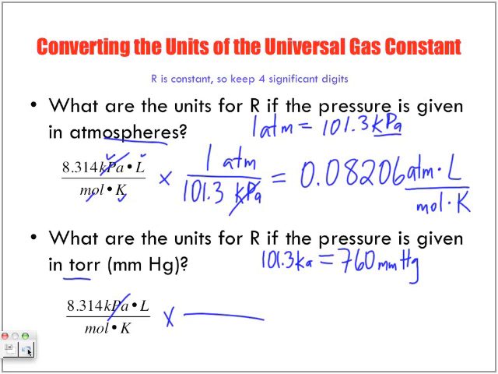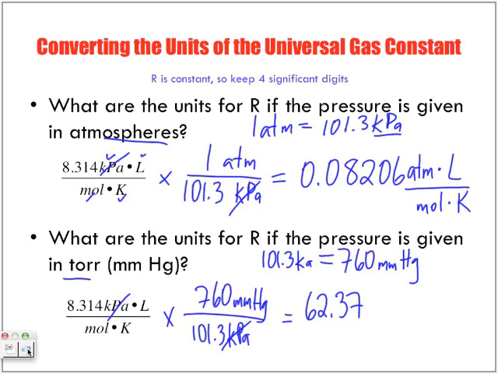So we put the 101.3 kilopascals at the bottom to cancel it out, and it's equivalent to 760 millimeters of mercury. So R is going to equal 62.37, and now notice the units here will be millimeters of mercury times liters per mole of Kelvin.